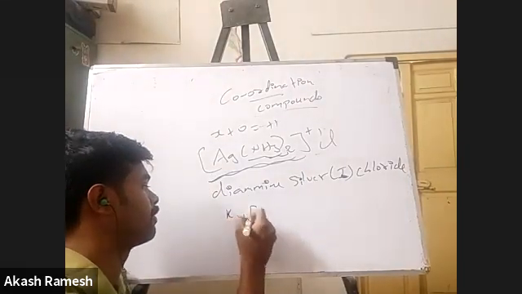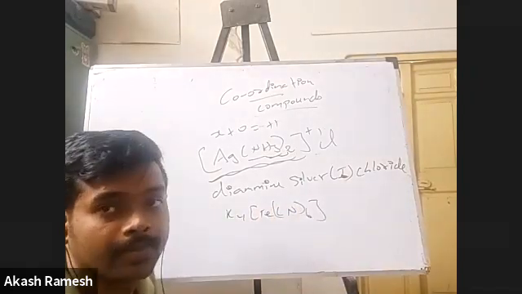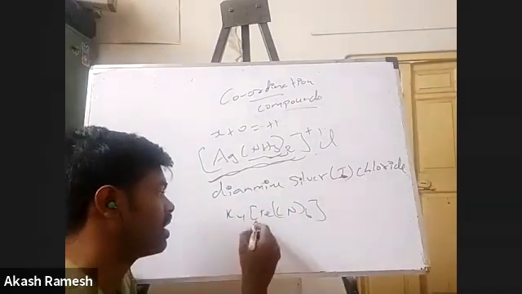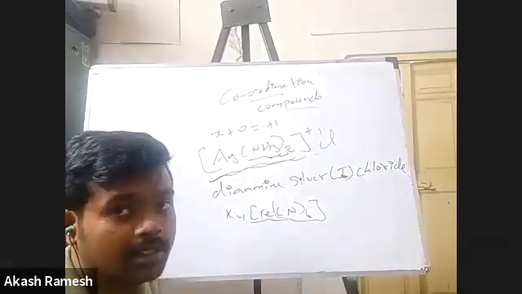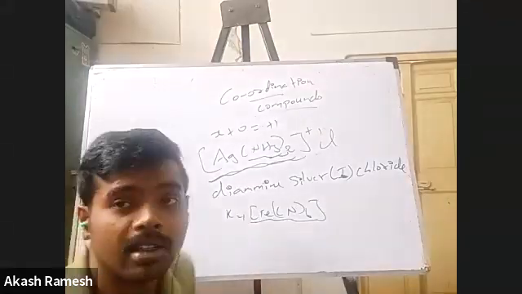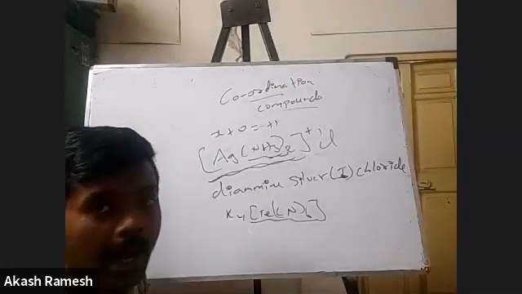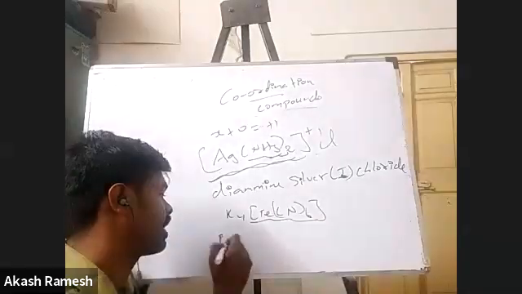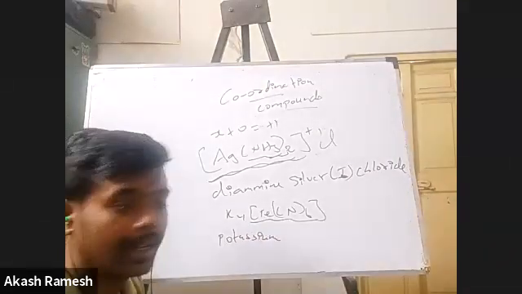Say I have K4[Fe(CN)6]. I have this molecule. Now in this case, you see that I'm going to have the anionic complex, right? The coordination sphere is anionic. It is going to have a negative charge. So obviously I have to write the cation's name first. In that case, it is potassium.